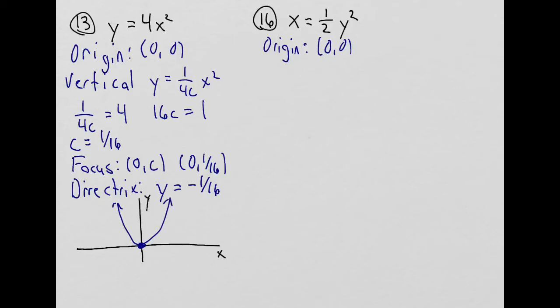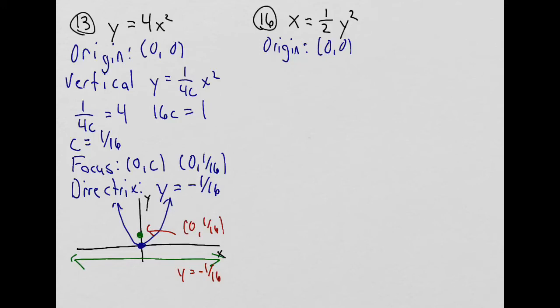I'm just going to pop in my focus and directrix. There's my focus. Make sure you label it, please. There's my directrix. That point right there is 0, 1/16. That's my focus. And my directrix down here is y is equal to negative 1/16.